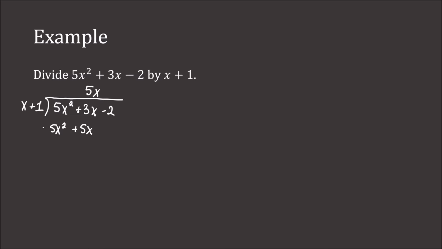Now what we do is we're going to subtract that polynomial. So 5x squared minus 5x squared is 0x squared. 3x minus 5x is negative 2x. And then that negative 2 will carry down.